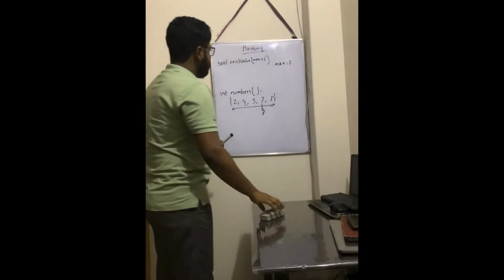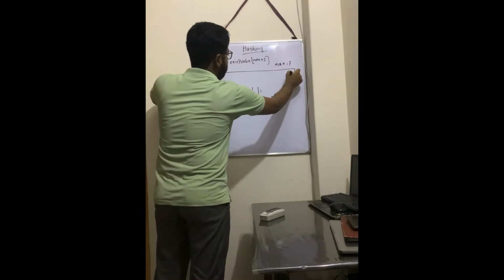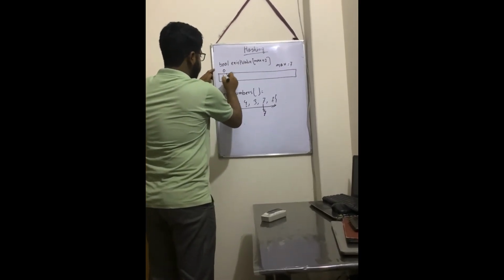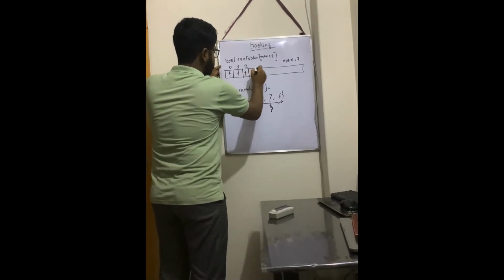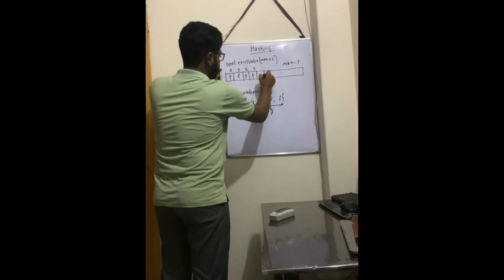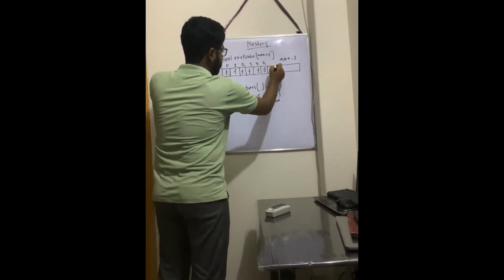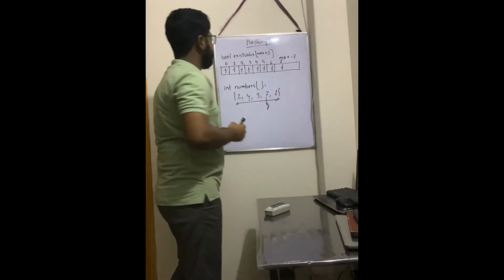Now we initialize the blocks as false initially, up to 7 false.